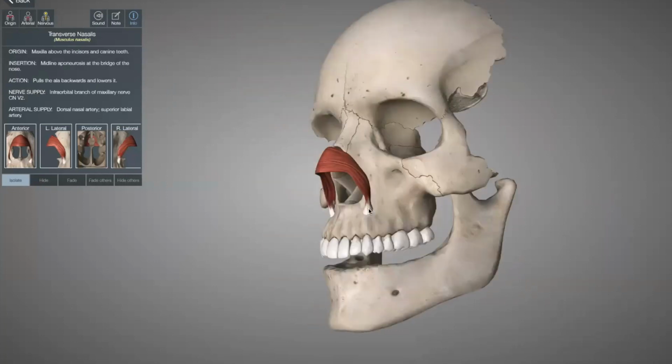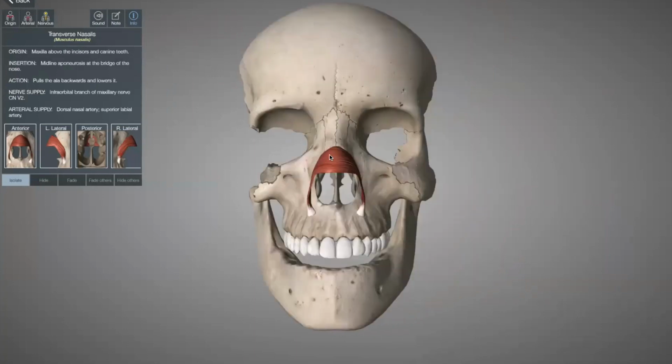It originates from the maxilla and inserts onto the aponeurosis on the dorsum of the nose.